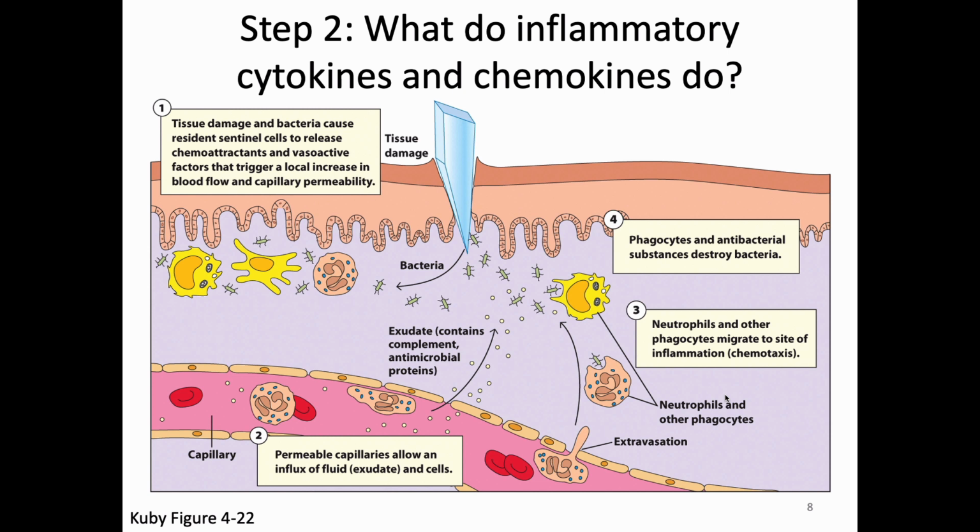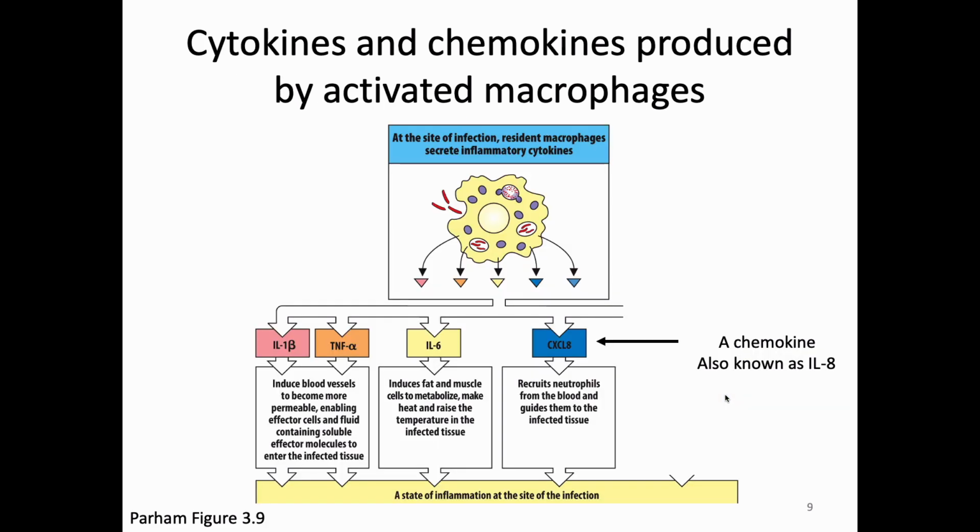Those factors are the inflammatory cytokines you just saw on the previous slide. They are made because the macrophage saw that bacteria using its PRR. And so this is an example of some of those molecules that are produced.